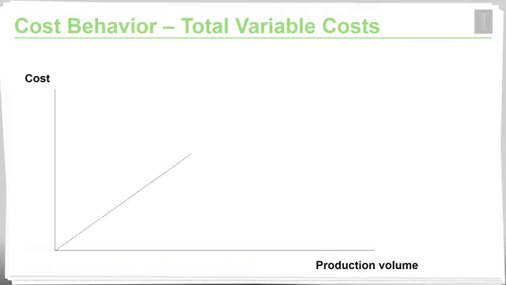We might have, for a while, a certain amount of variable cost per unit, but then as you reach higher levels of production volume, that variable cost per unit changes in some way. Perhaps we earn economies of scale or scope, and what that means is that it gets cheaper the more that we produce. So you might see that the line that captures total variable costs is not perfectly straight, that it changes in the rate of slope over different levels of production volume.